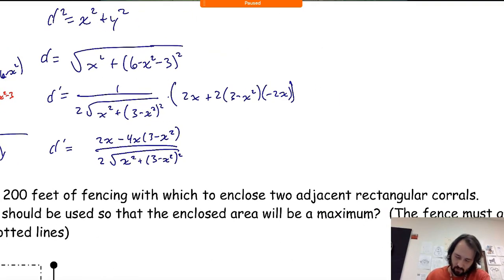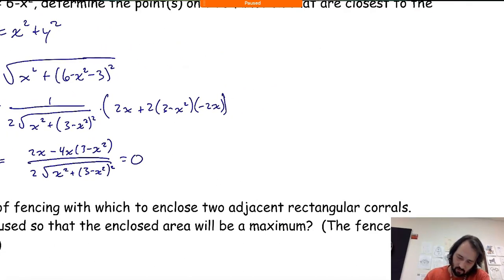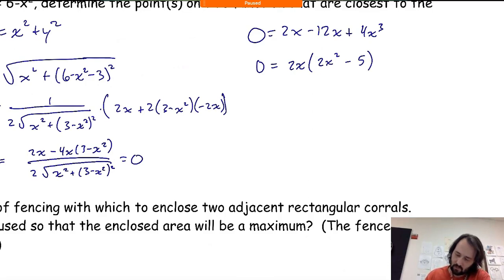And then I want to figure out where this equals 0. So I want to figure out where 2x minus 12x plus 4x cubed is equal to 0 in order to minimize here. So 0 equals, that would be negative 10x plus 4x cubed. So I'm going to factor out a 2x. So 2x times 2x squared minus 5.